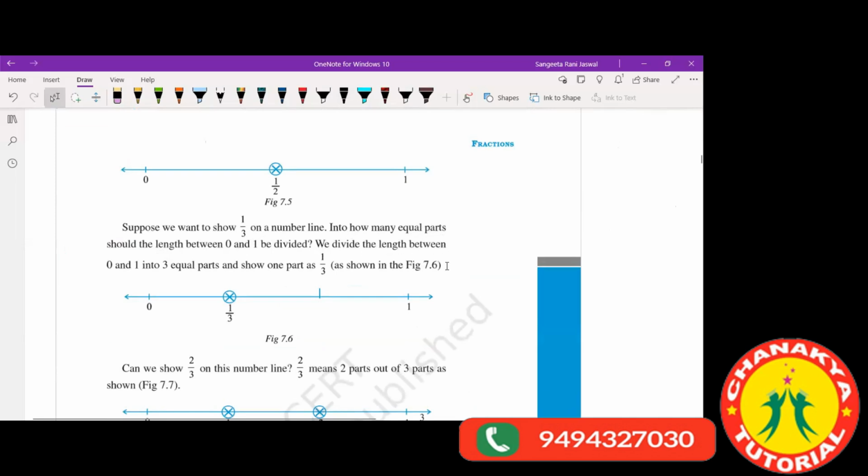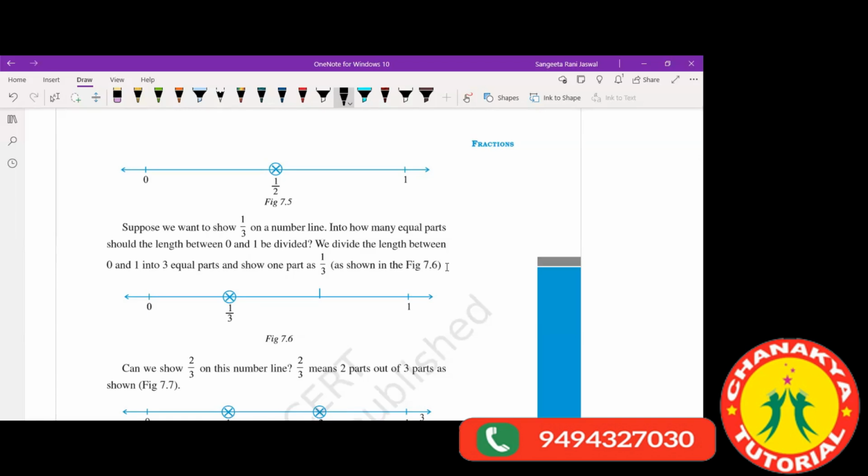Now see children, this is a number line from 0 to 1, and this is 1 unit. If you want to divide this unit into 2 equal parts, you divide it into 2 equal parts, right? That's how you get 1/2 and the other half.